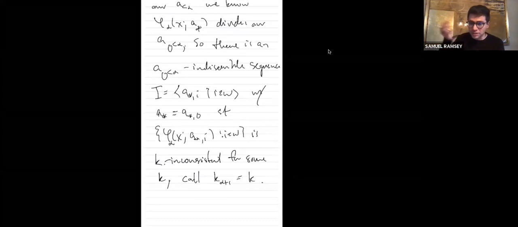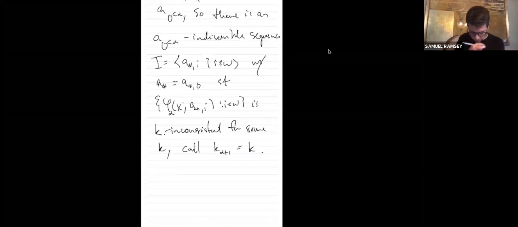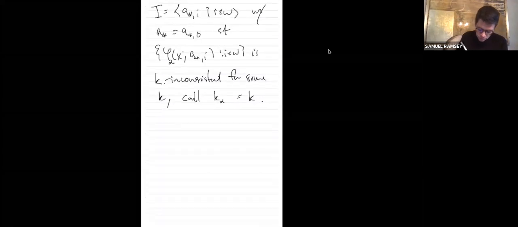Dividing just says that it's inconsistent along an indiscernible sequence, but if you're inconsistent along an indiscernible sequence, then you're k-inconsistent for some k uniformly. So what we'll do is call this k_alpha. Give it this name. And I actually mean alpha. Sorry. Okay, so now what do we do?